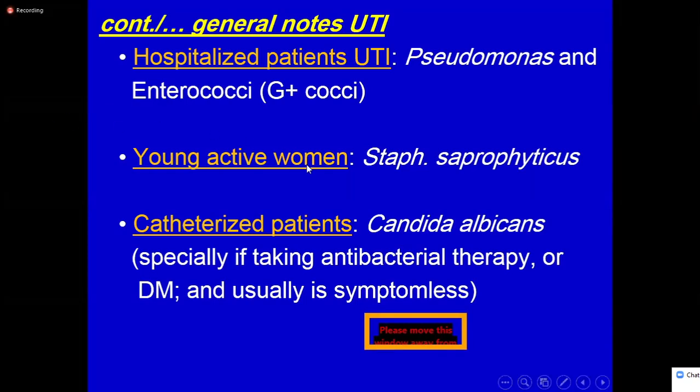Young active women, Staph saprophyticus, and we mentioned this. Catheterized patient, Candida albicans, especially if the patient is taking antimicrobial or antibacterial therapy, or is diabetic, DM, diabetes mellitus. Usually, such a condition is symptomless.